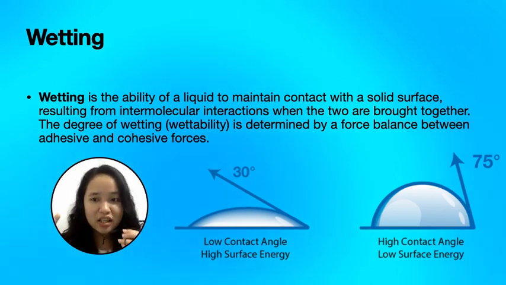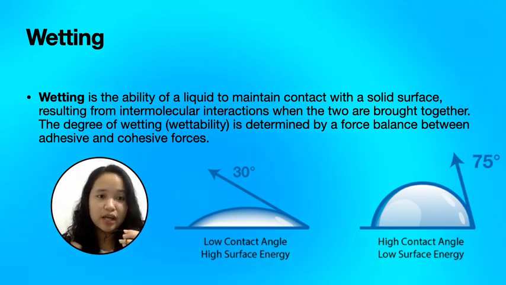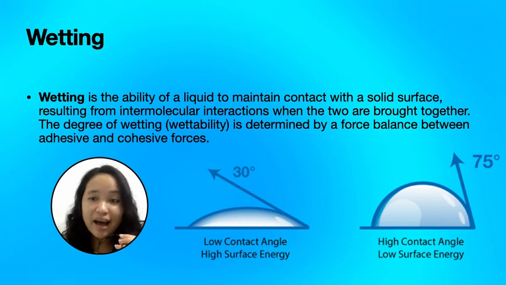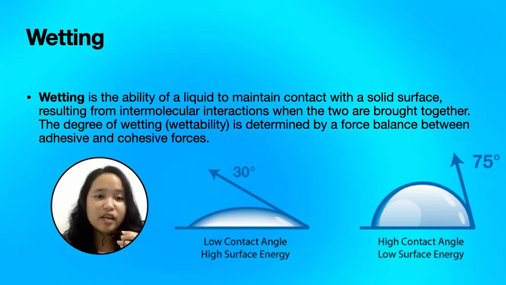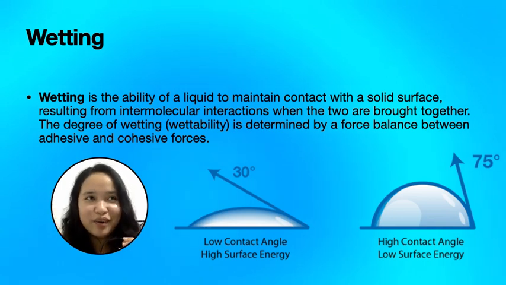If the contact angle is low, it means there is high surface energy, meaning it flows more. If the contact angle is high, the surface energy is low, meaning it does not flow as much and sticks together on its own.